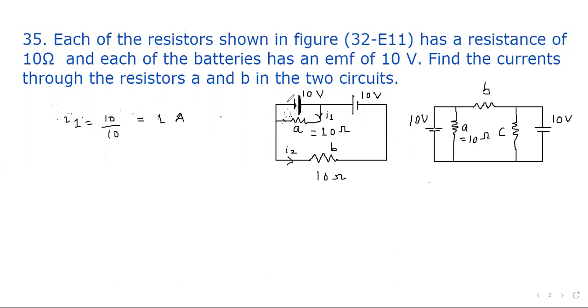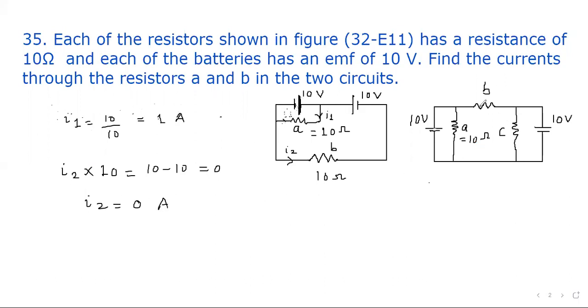Now, if we consider this outer loop, suppose the current is I2. So we can say I2 times 10 equals the value of the battery, this is 10 minus 10, that is 0. So I2 will be 0 ampere.